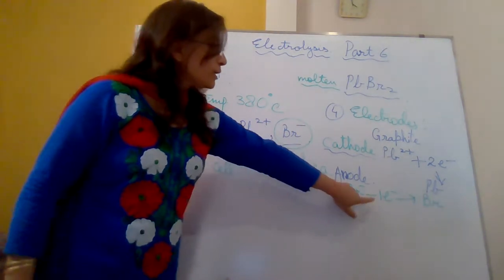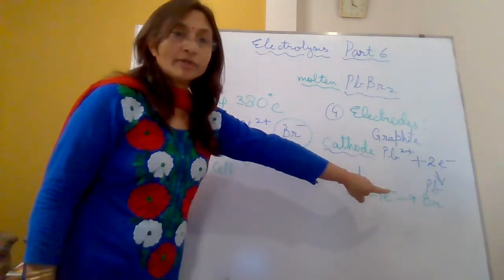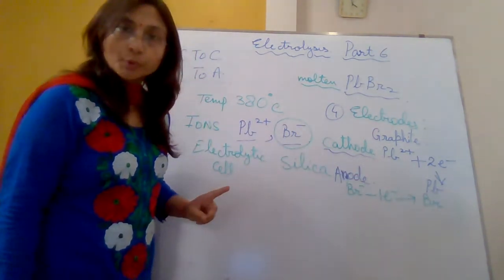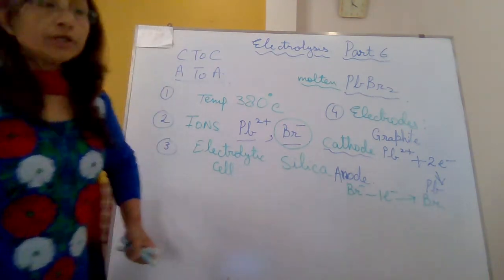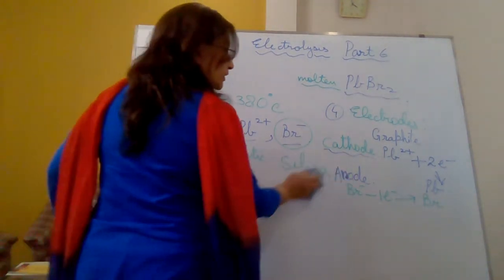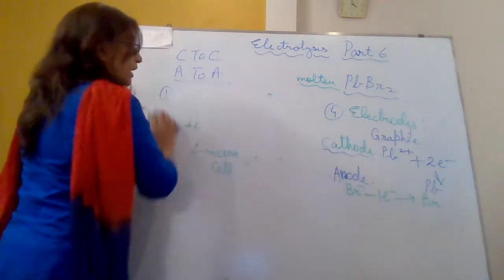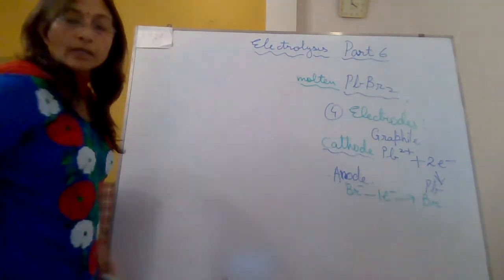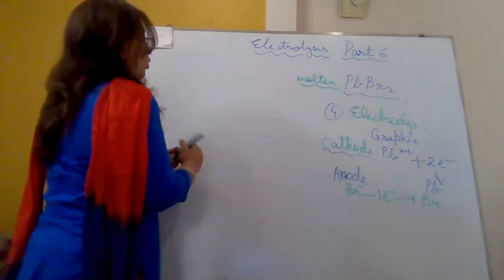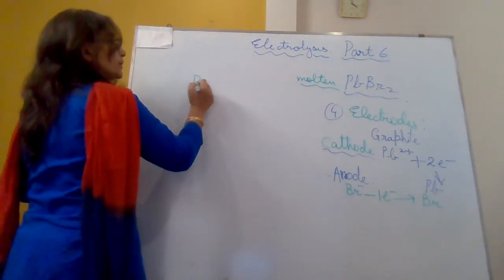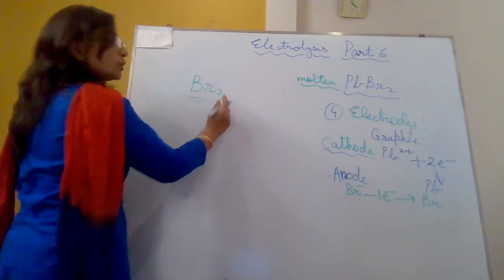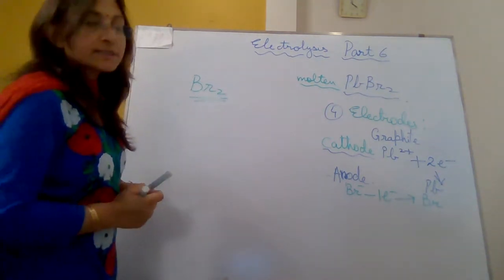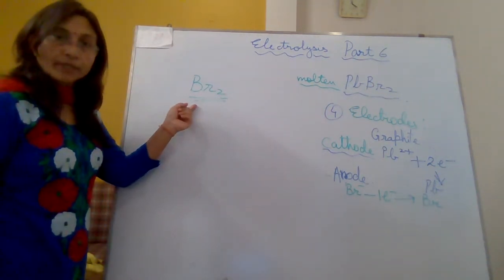Br negative minus 1 electron is giving you 1 atom of bromine, but we know that bromine is a diatomic gas. That means in one molecule of bromine, 2 atoms are present, since it's a diatomic gas.